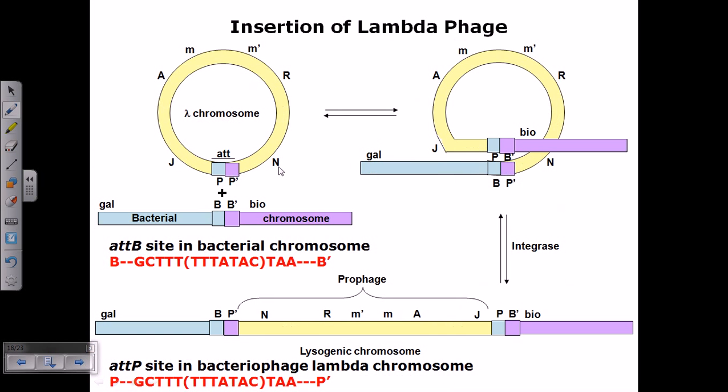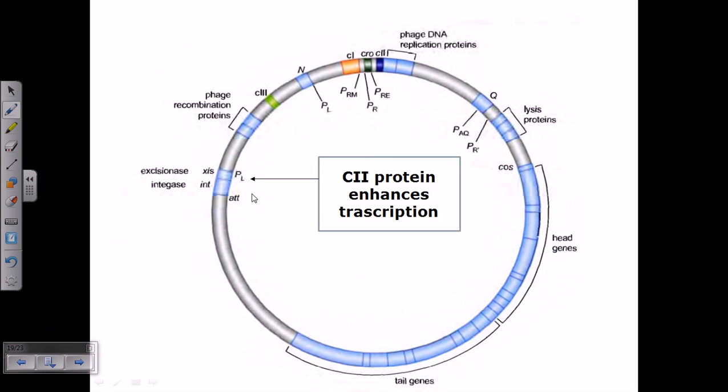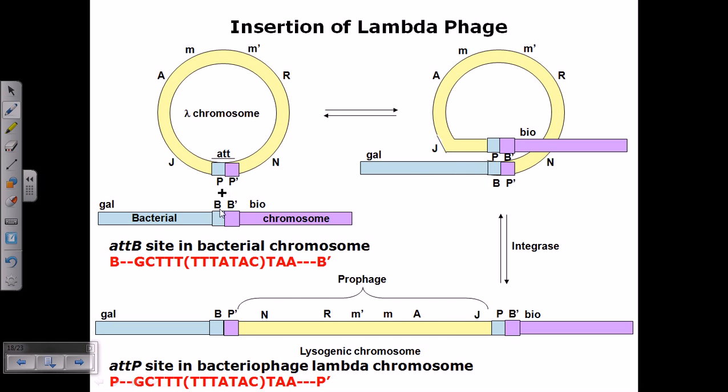Okay, so let's look here. Once everything is going on, there is a site called attP. Remember in this picture also we have found the site attP, and two types of site are there, attP and attB. Now attB is present in the bacterial chromosome, that's why it's called B. attP is present in the phage chromosome, that's why we call it phage or attP.